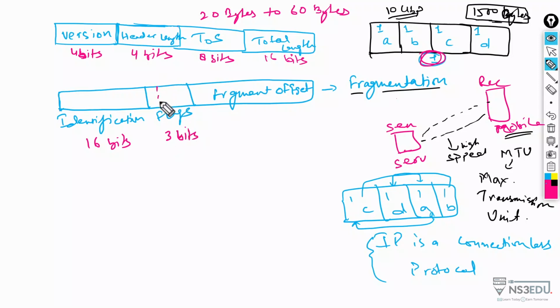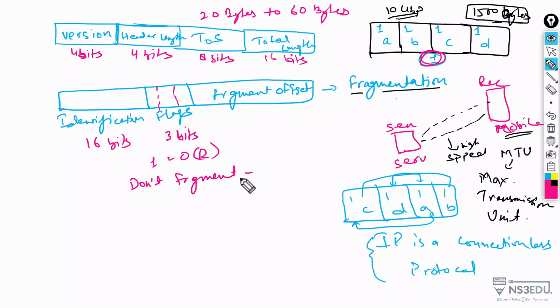These 3 bits are something like this. The first bit is reserved, that is 0, so no one can use it. The second bit can be either 0 or 1, because it depends on the don't fragment flag.